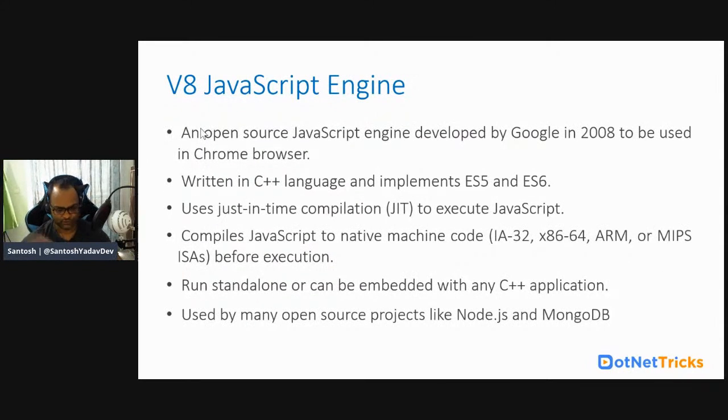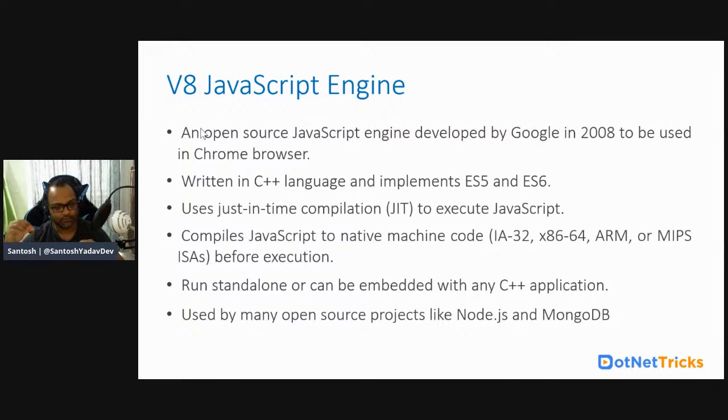Let's talk about the V8 engine, because if there was no V8 engine, there might not have been any Node.js either. The V8 engine was first created inside Google to drive the Chrome browser. And I'm sure most of you love the Chrome browser, even though it consumes a lot of memory. But the introduction of the Chrome browser was a game changer.